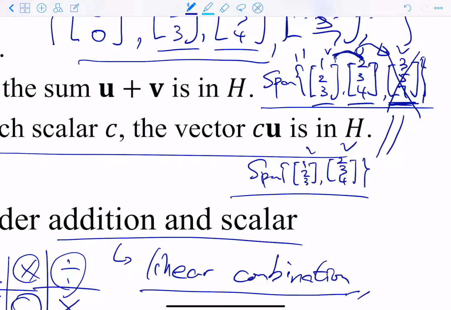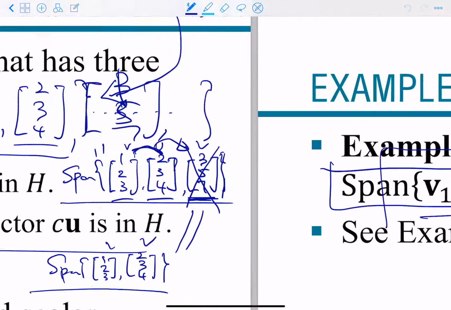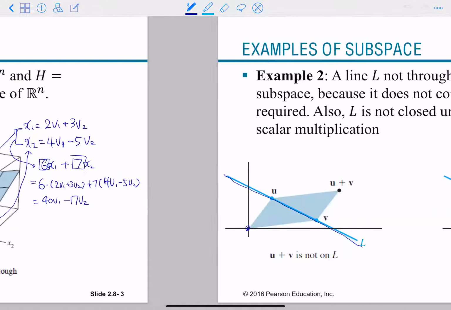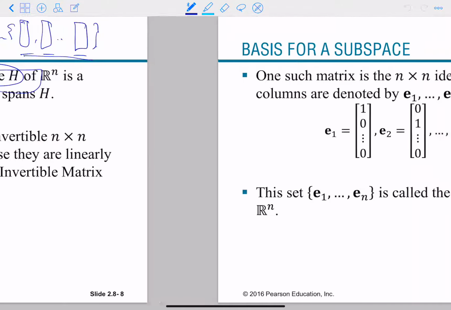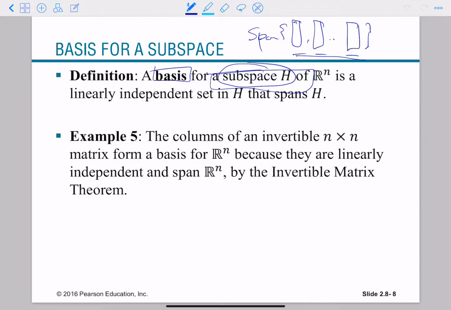We don't allow any of these linearly dependent vectors. That is the additional condition to satisfy in order to call a set of vectors a basis for a given subspace. Those basis vectors should always be linearly independent. Right? So that is the definition of this basis.